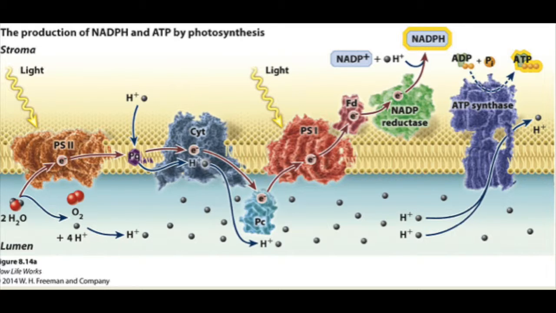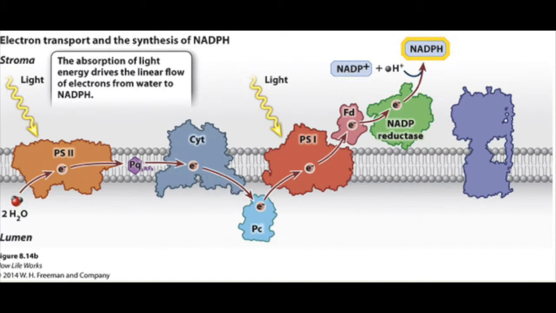Photosystem 1 is not a strong enough oxidant to split water, and photosystem 2 cannot produce electrons with enough energy to make NADPH. Electrons pass between photosystem 2 and 1 through the cytochrome B6F complex.